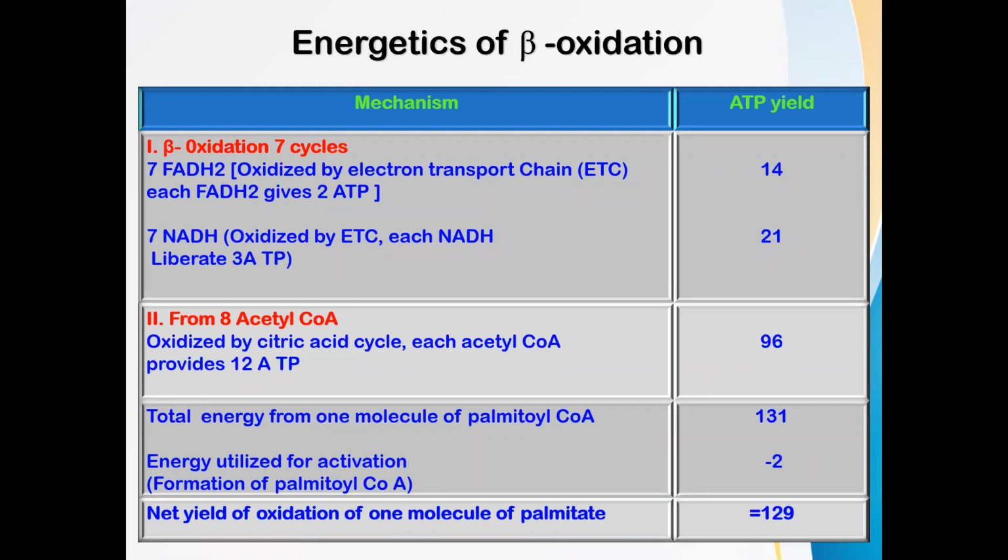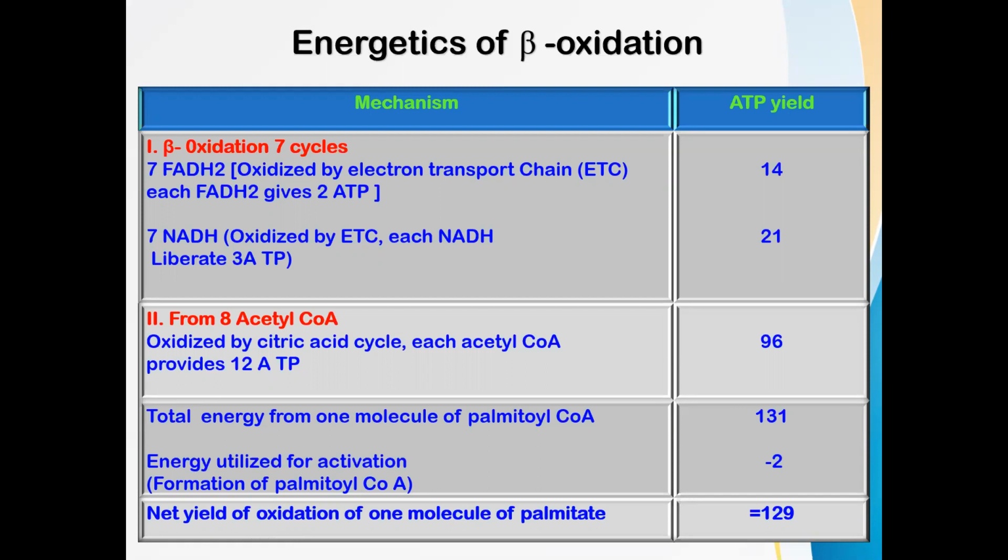Suppose beta oxidation is asked, you have to explain all the 3 stages: activation of fatty acid, then transport of fatty acyl CoA from cytosol to the mitochondria by the carnitine transport system, then beta oxidation proper, where you have these 4 reactions.